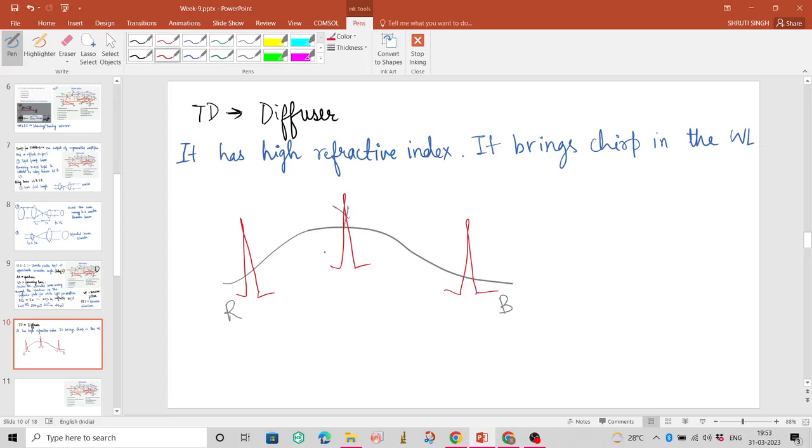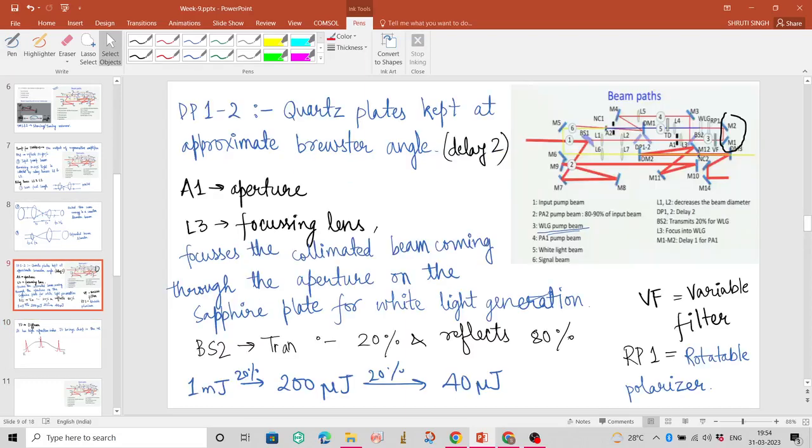So if these wavelengths have different time delay, then it is easier to do this amplification. That's why we bring chirp.